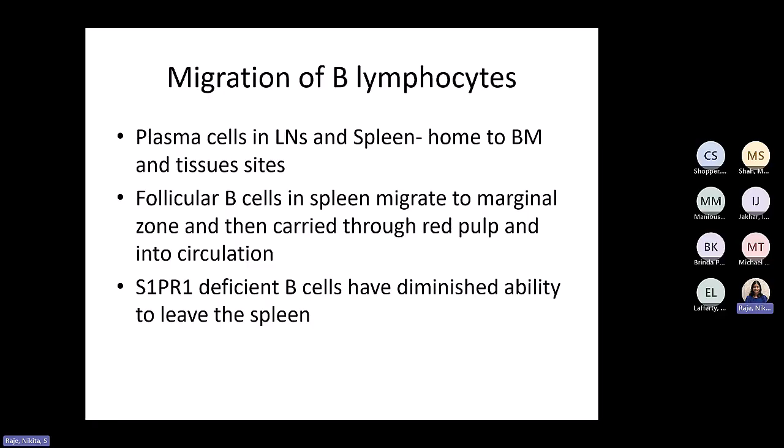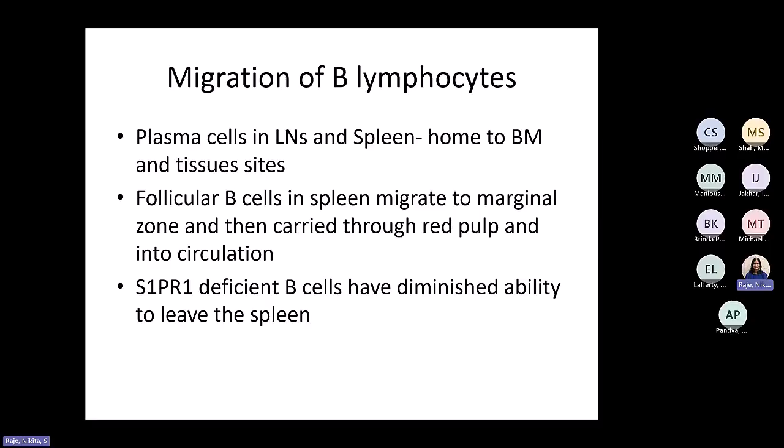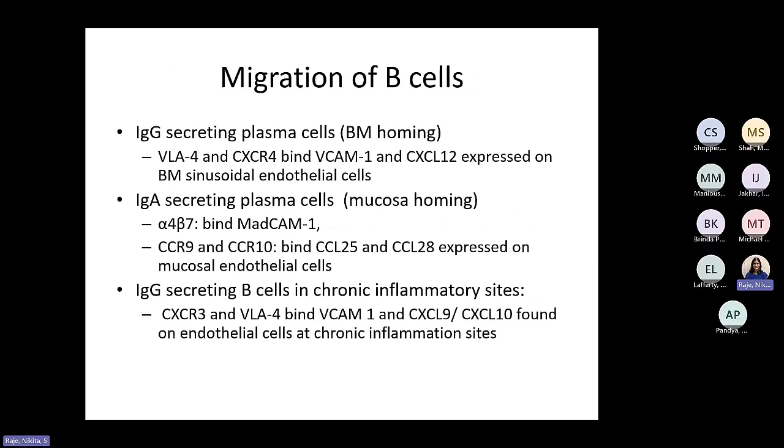Follicular B cells in the spleen migrate to the marginal zone and then are carried through the red pulp and into the circulation. The S1P1 deficient B cells have diminished ability to leave the spleen. So those are some of the B cells that can reside in the spleen.